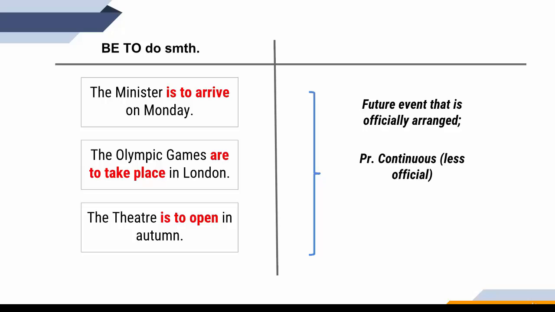The difference with present continuous for arrangement is that the be-to structure is more official. It is used in more formal environment. This is to happen. It means that this is going to happen, but in an official context. And such structures are quite commonly used in the news.